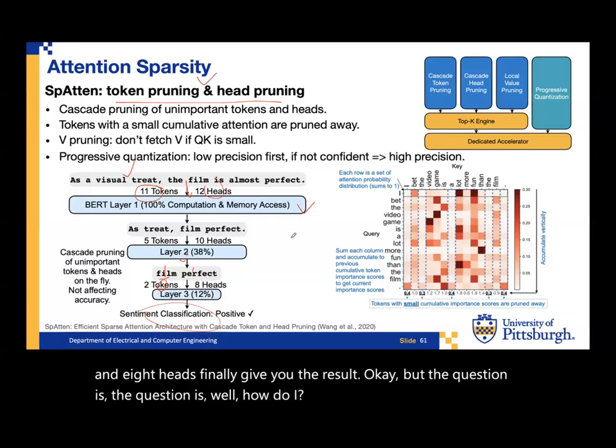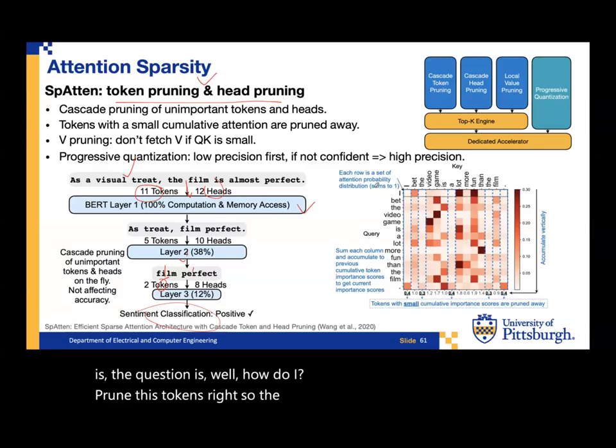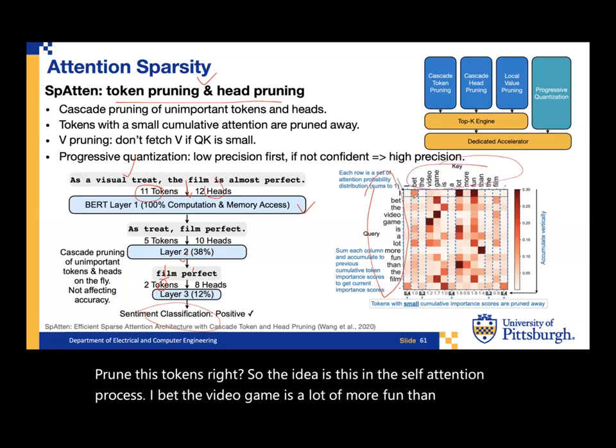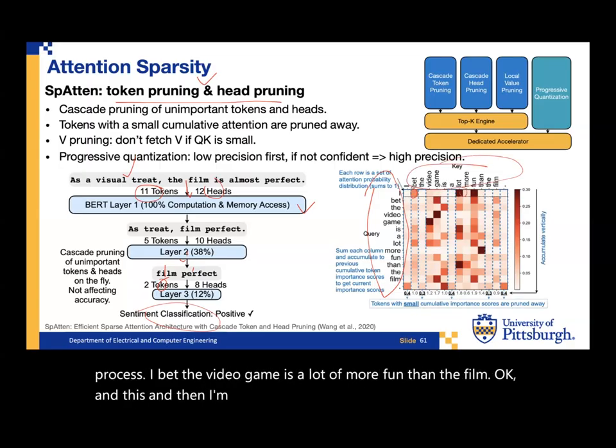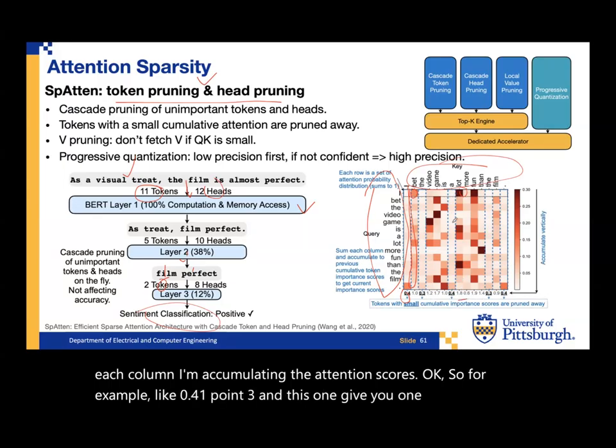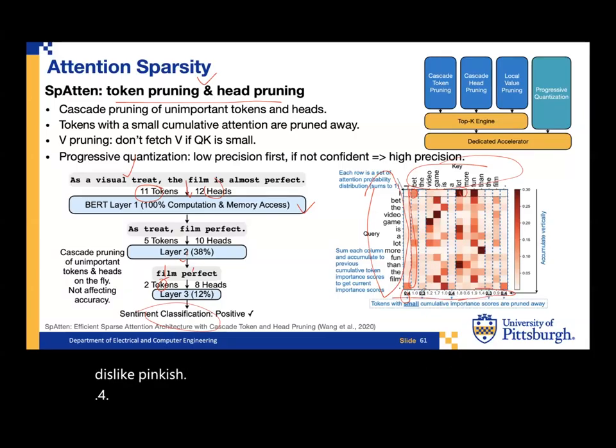But then the question is, how do I prune these tokens? So the idea is this. In the self-attention process, for the sentence "I bet the video game is a lot more fun than the film," I'm calculating all these attention scores, and for each column, I'm accumulating the attention scores. For example, 0.4, 1.3, and this one gives you 1.8, but this pinkish one is 0.4. What the last row says is, for every word, how many words are paying attention to me?